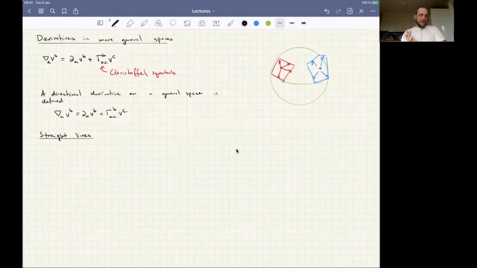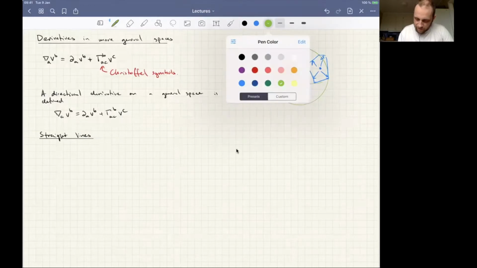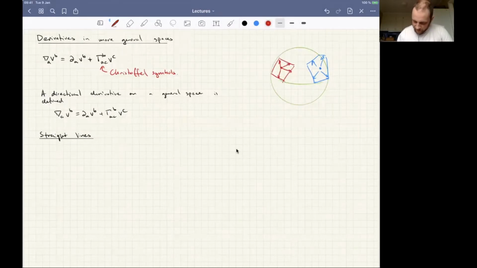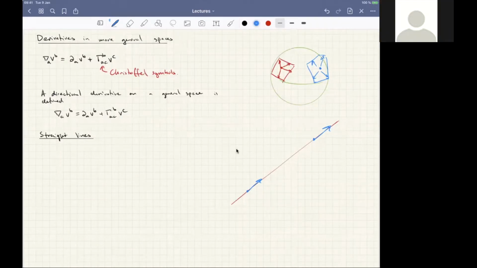So if you look at the tangent vector of a straight line, so if I draw a straight line here, well, fairly straight. If I look at the tangent vector at this point, and I look at the tangent vector at this point, what can you tell me about the relation between those two? The slope of the line is constant. Yeah, the slope of the line is constant, or equivalently, this tangent vector here, if I call it k, is the same as the tangent vector k over there.